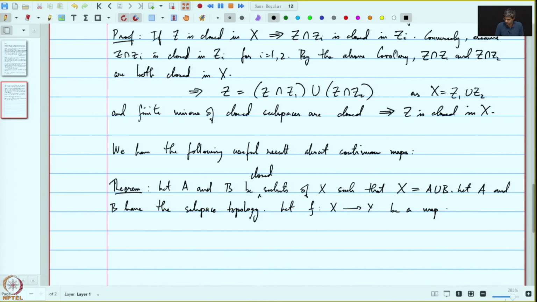So right now it's just a map of sets such that f restricted to A and f restricted to B are continuous. Then f is continuous.